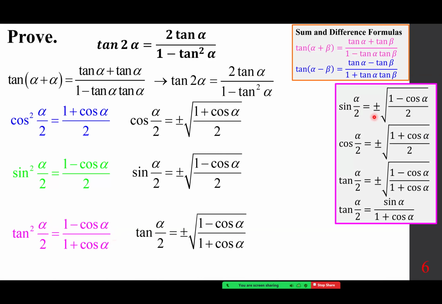So sine of alpha over 2 is plus minus the square root of 1 minus cosine alpha over 2. Cosine of alpha over 2 is plus minus the square root of 1 plus cosine alpha over 2. Tan of alpha over 2 is plus minus the square root of this over that, 1 minus cosine alpha over 1 plus cosine alpha. All of which, the sign comes from the quadrant. We make a decision based on the quadrant, everybody.